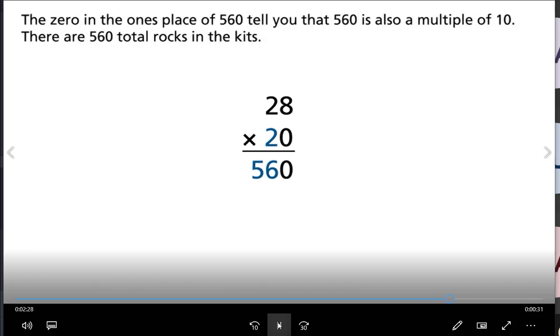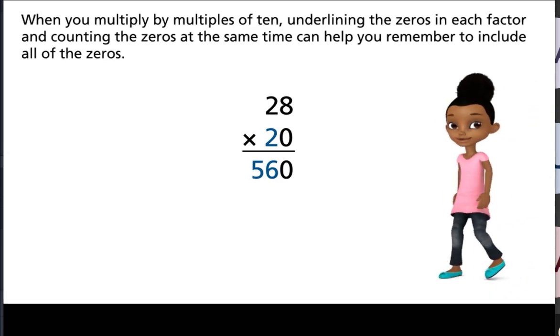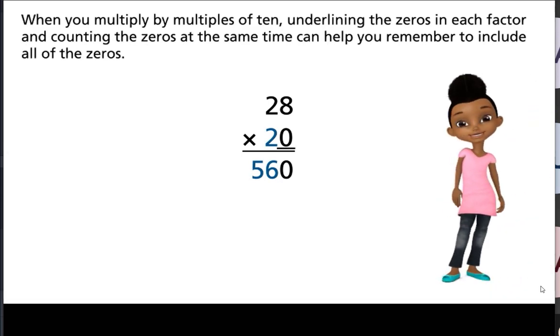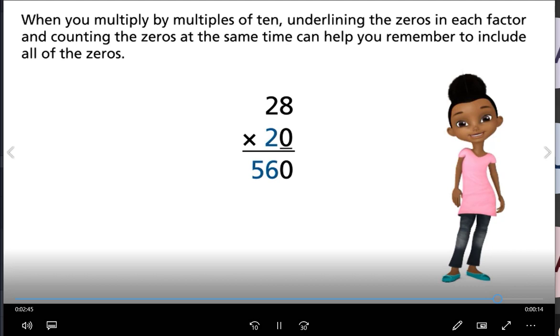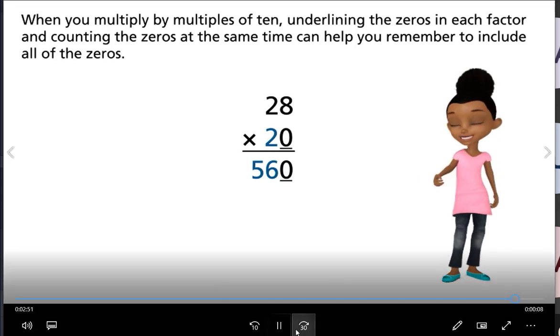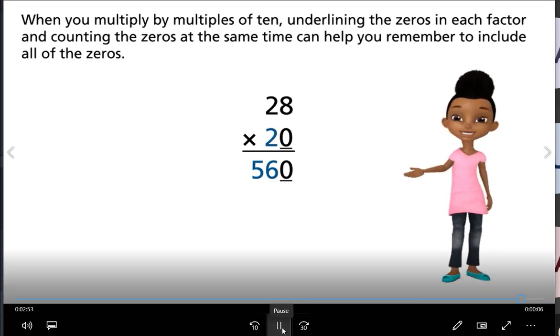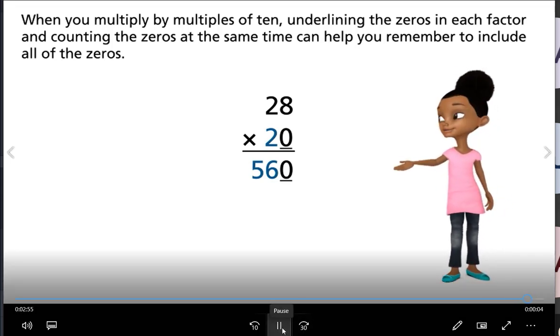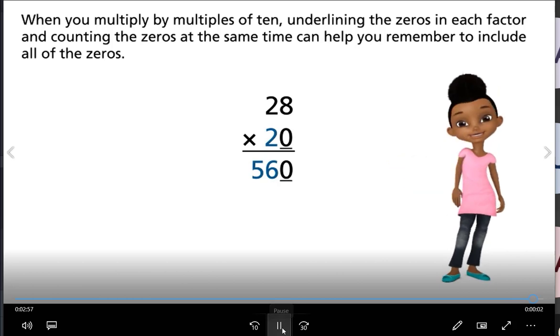The 0 in the ones place of 560 tells you that 560 is also a multiple of 10. There are 560 total rocks in the kits. When you multiply by multiples of 10, underlining the zeros in each factor and counting the zeros at the same time can help you remember to include all of the zeros. Add to find how many rocks are in each kit. Then multiply to find how many rocks are in all the kits.